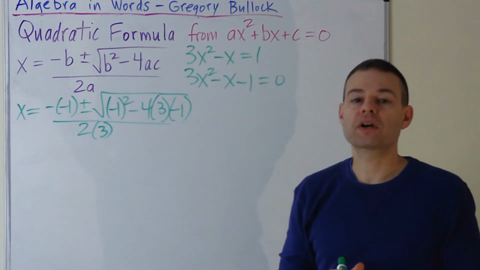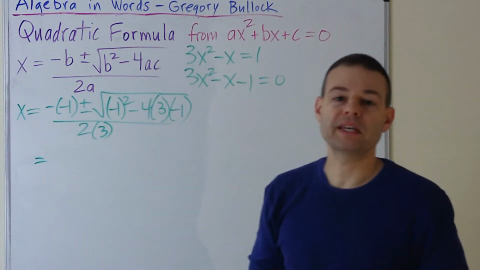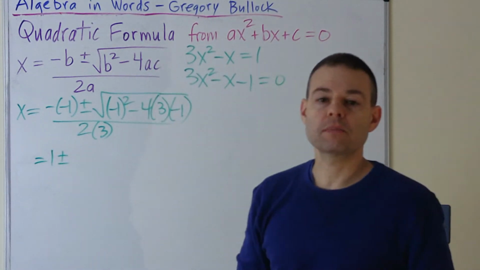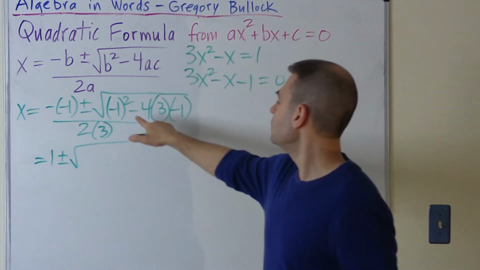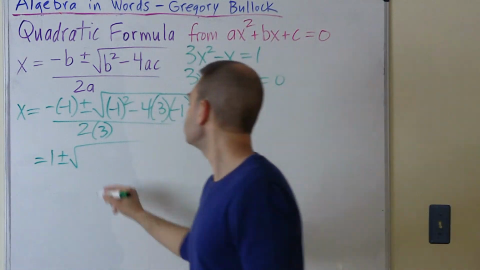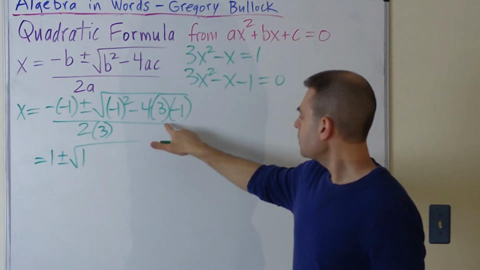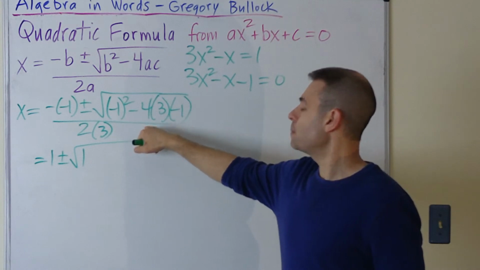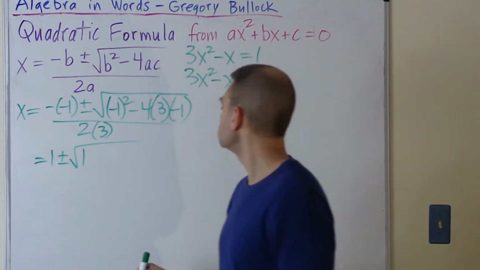Okay, so now we're going to, from left to right, just simplify. Negative of negative 1 becomes positive 1. Always plus or minus, and then the radical. And negative 1 squared is positive 1. And now we have 3 times negative 1, which is negative 3, times negative 4, which will become positive 12.